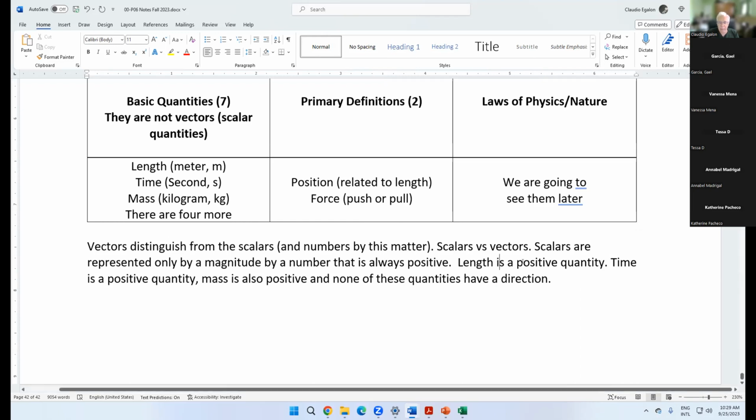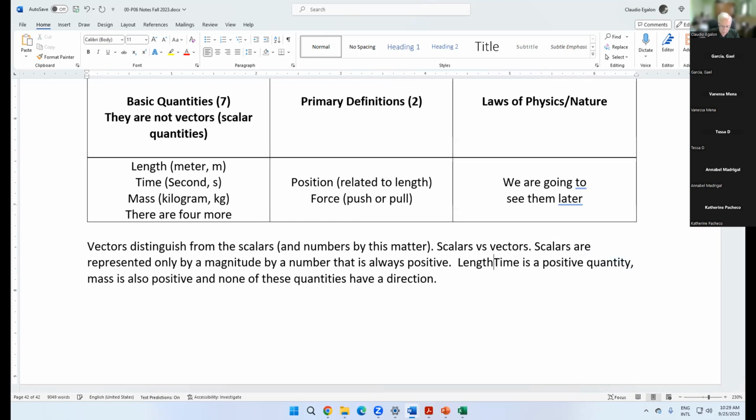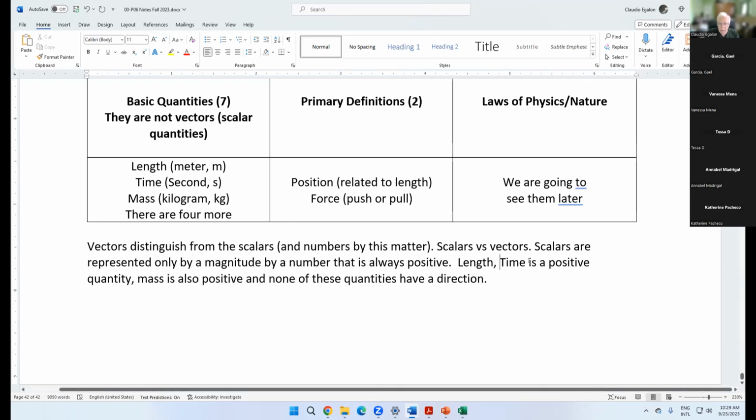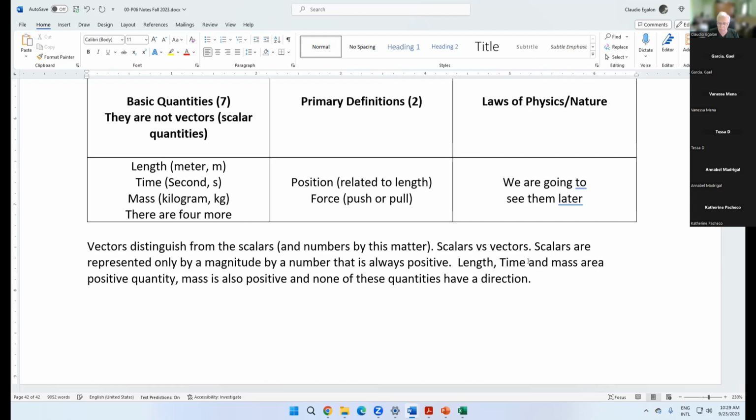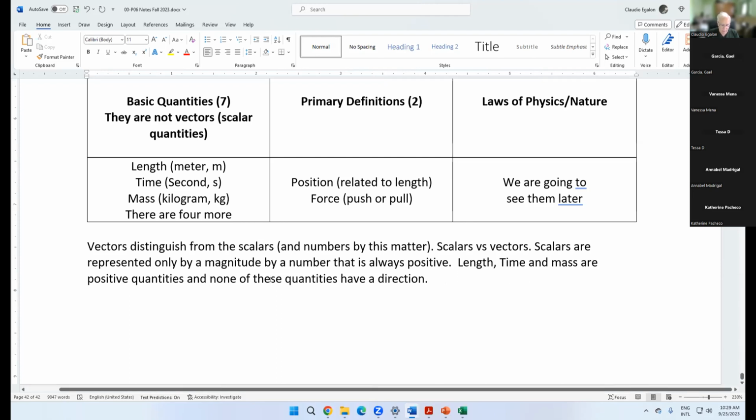Length, time, and mass are positive quantities, and none of them have a direction.